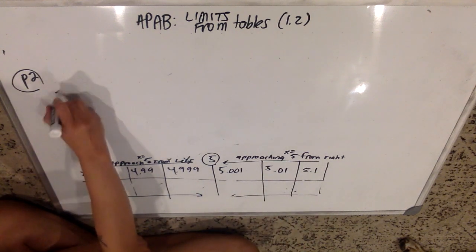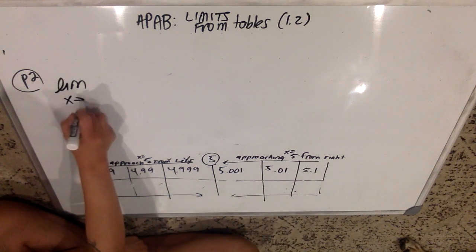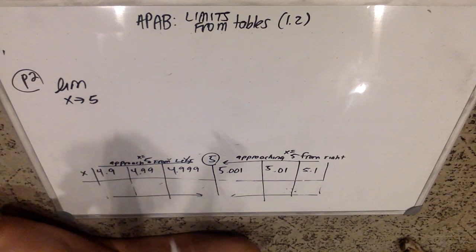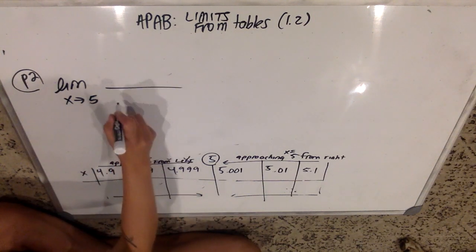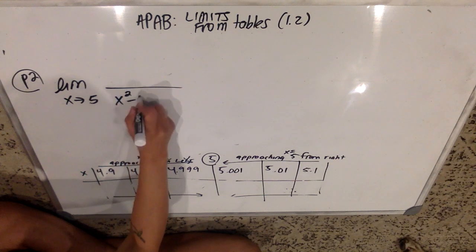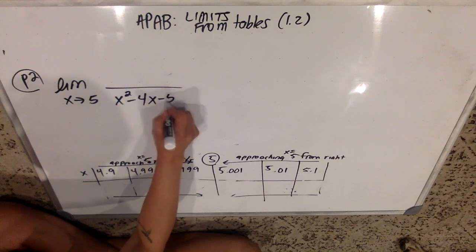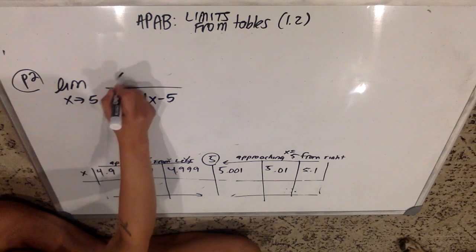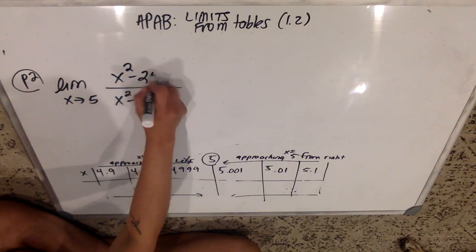So let's do the limit as x approaches 5 of x squared minus 4x minus 5 over x squared minus 25.